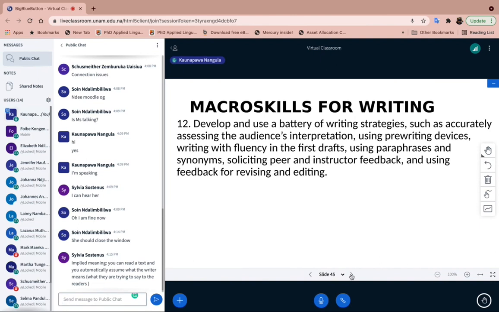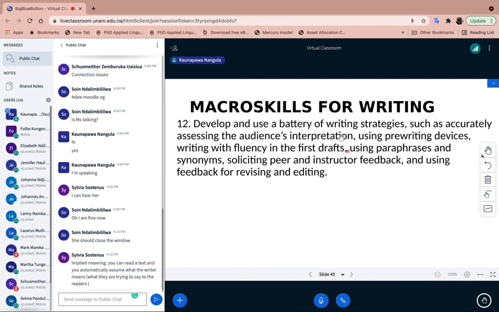Okay. And then develop and use a battery of writing strategies, such as accurately assessing the audience's interpretation, using pre-writing devices, writing with fluency in the first draft, using paraphrasing and synonyms, soliciting peer and instructor feedback, so getting peer feedback on whatever they write, and also the instructor's, and then using feedback for revising and editing.